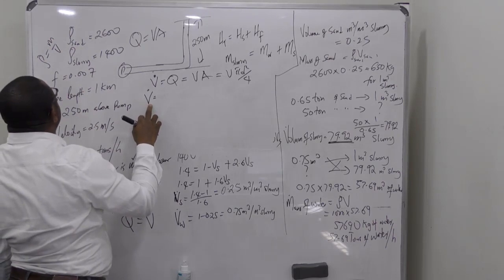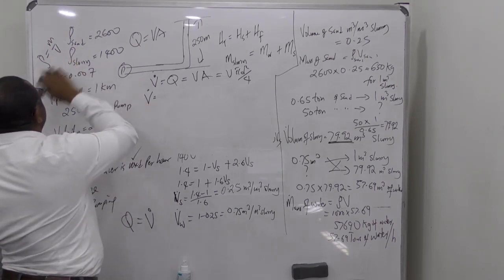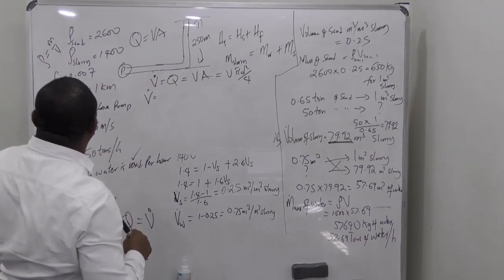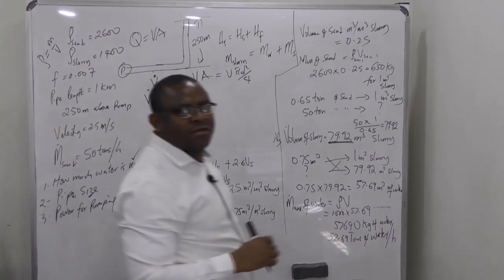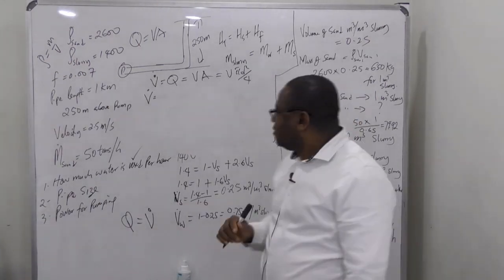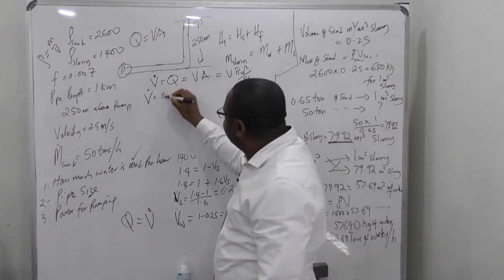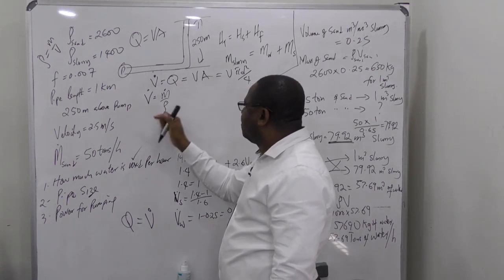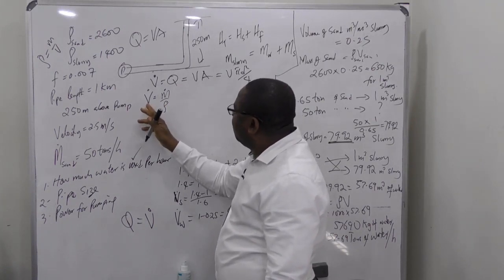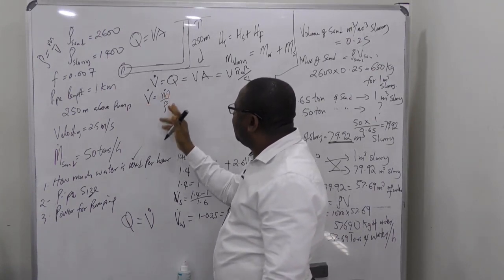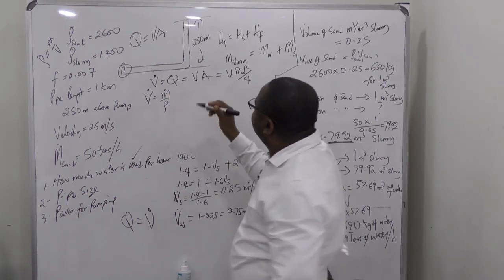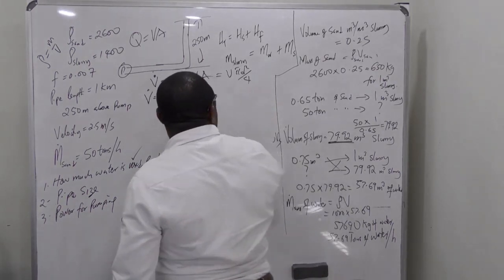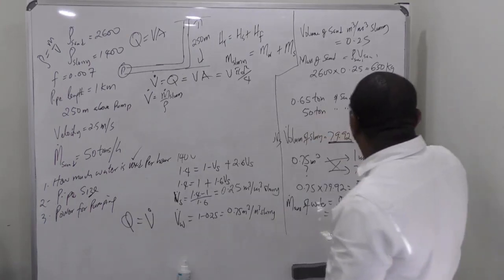So volume is mass over density. This is volume flow rate, mass flow rate over density. I just want to see what is the mass of the slurry. We didn't calculate the mass of slurry anywhere. We did not.